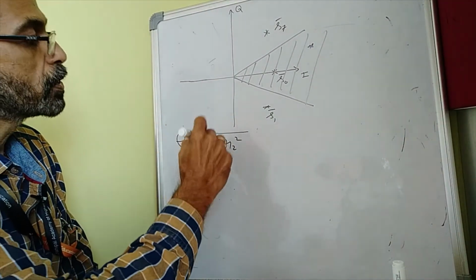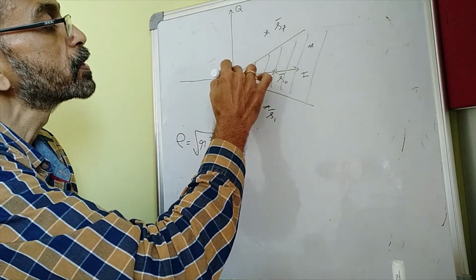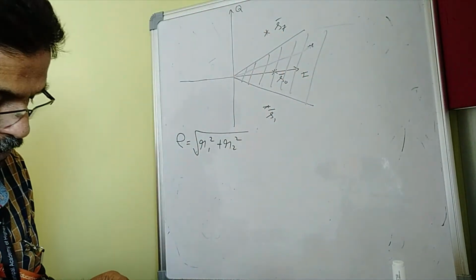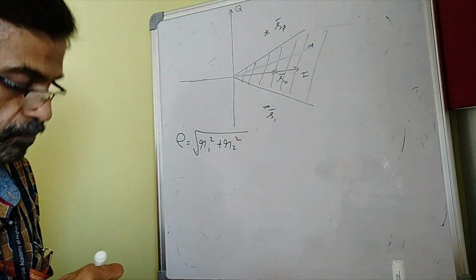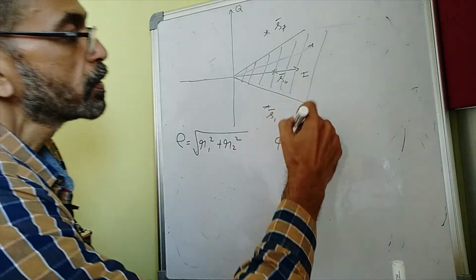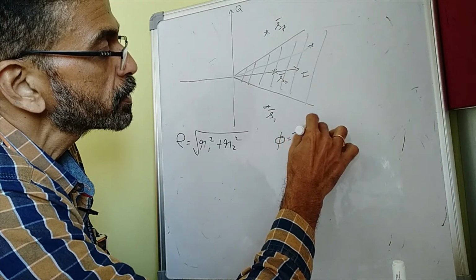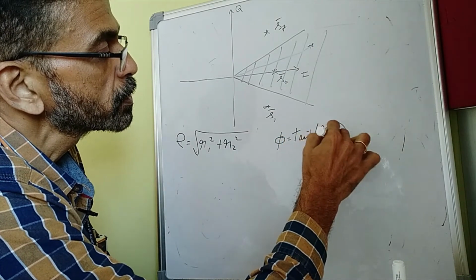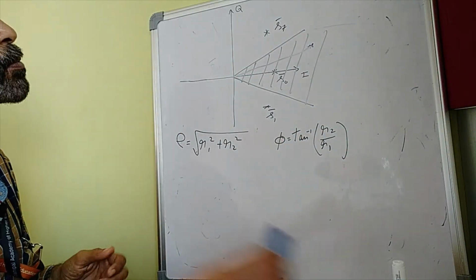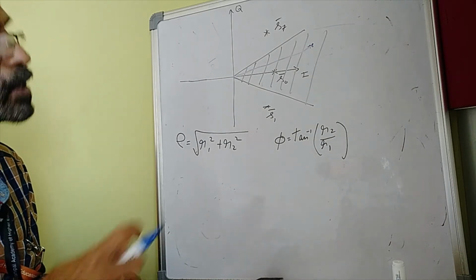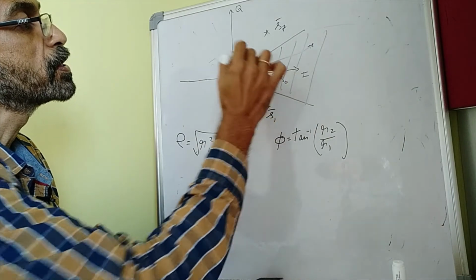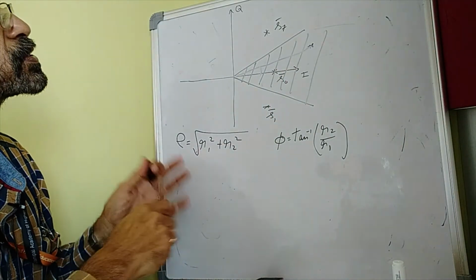When we convert this to polar, rho will be the distance of the point from the origin, as you know, so rho will be this, and phi will be tan inverse of R2 by R1, where phi is the angle made by this with respect to the in-phase axis.